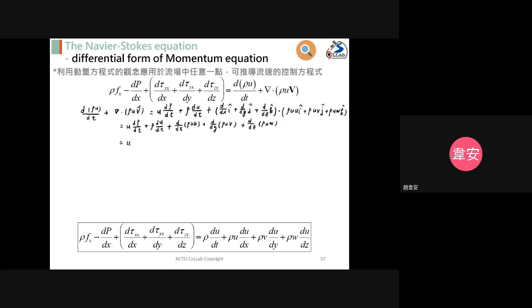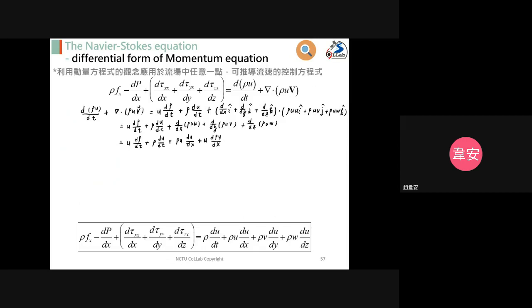And we expand also the partial differential for the final third items. Okay, so this is u d rho dt plus rho du dt plus the rho u here. We consider these items. The inside is du dx, and we can also take u outside, and the inside is rho u dx.